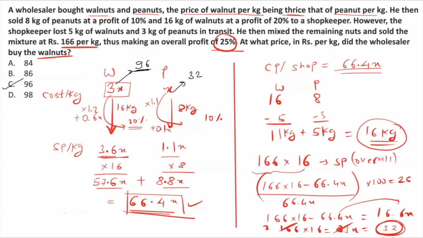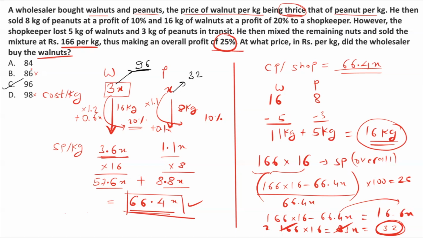Many people also use the options here for elimination. The price of walnut per kg is thrice the price per kg of peanuts, so the answer should be a multiple of 3, ruling out 86 and 98, and then they take one of the remaining options and solve. But we don't know for sure that the cost prices or selling prices are integers only. They could have been fractions as well.